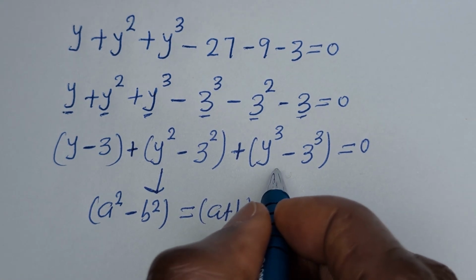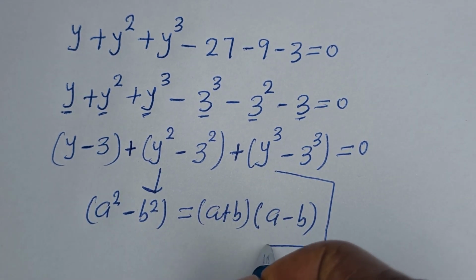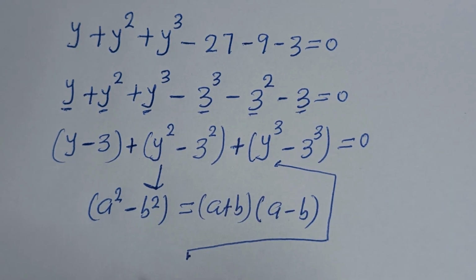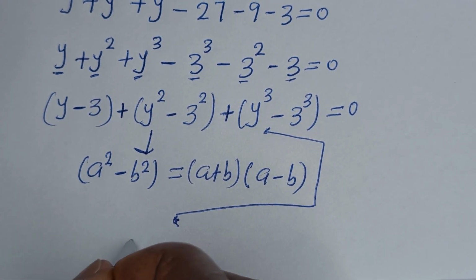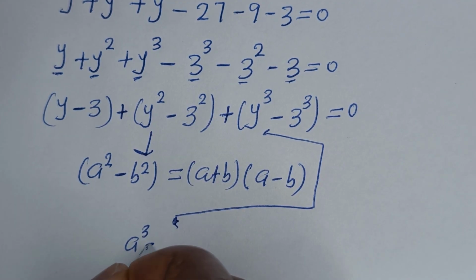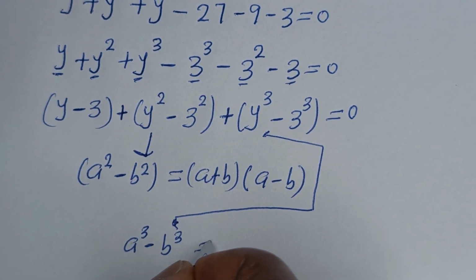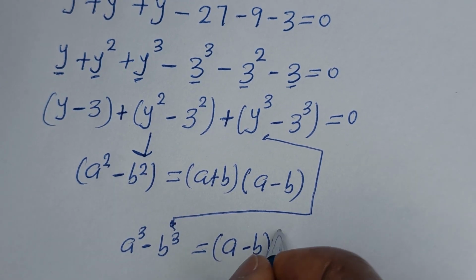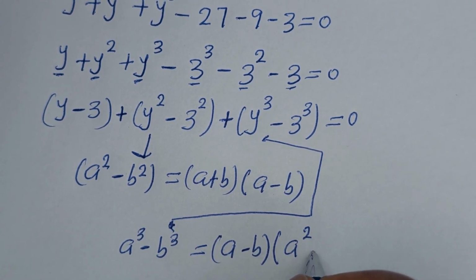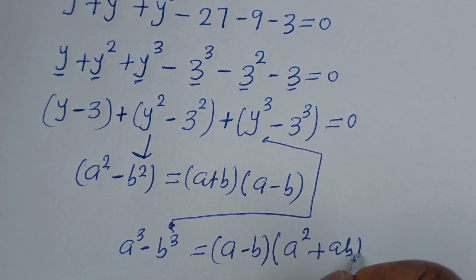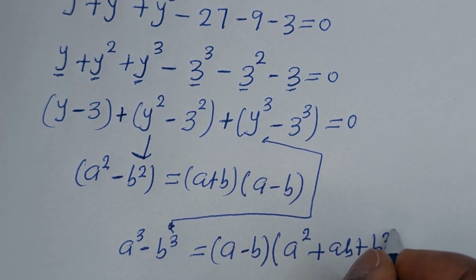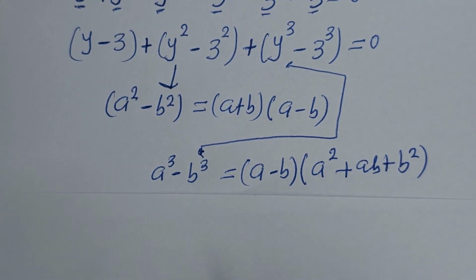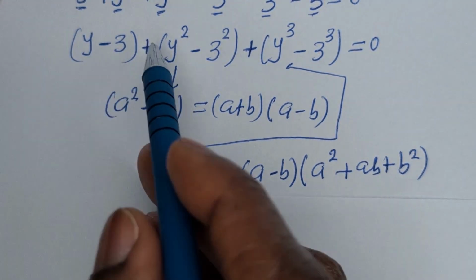Also from here, if you have a raised to power 3 minus b raised to power 3, this is equal to a minus b bracket a square plus ab plus b square. Now let us use this to operate this.